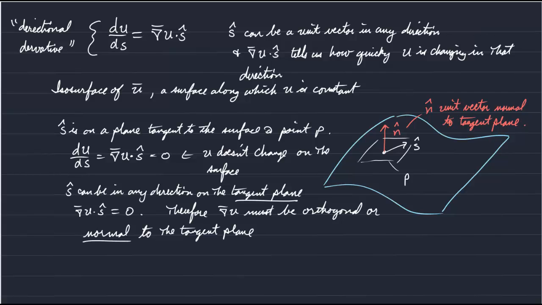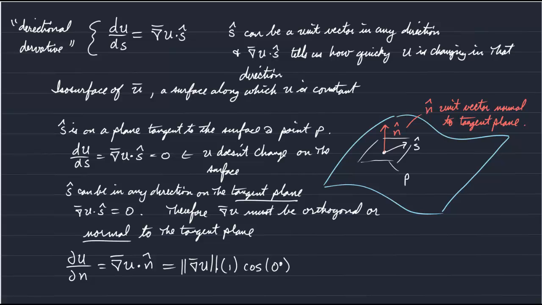And so with that, let's evaluate how quickly u changes in the n hat direction. Again, to do that, we take the gradient of u dotted with n hat, and that gives the magnitude of the gradient times the magnitude of n hat, which is just 1, and the cosine of the angle between n hat and grad u, which is 0, right?